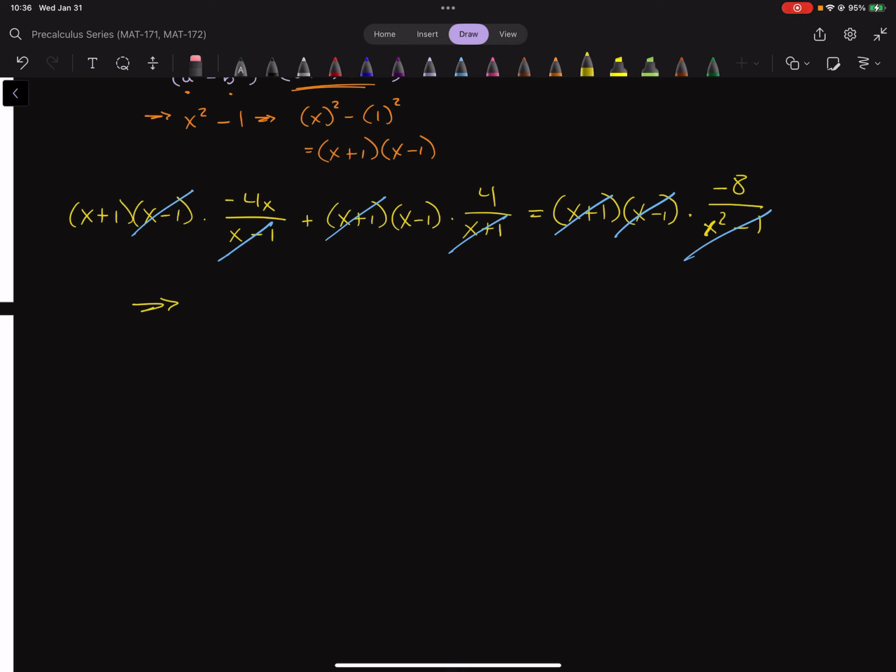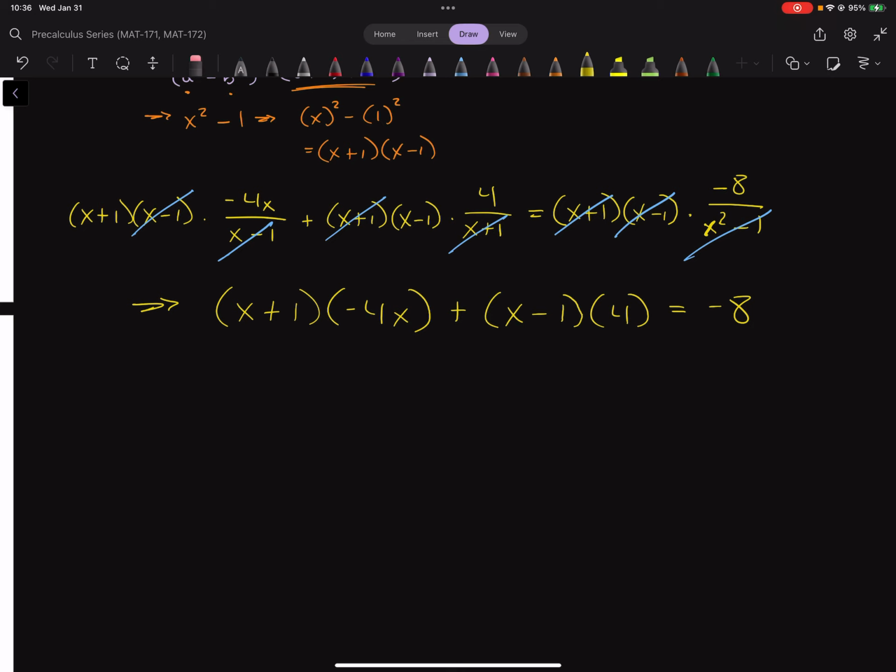I'm going to leave it in the same order, hoping that it will be less confusing when you're seeing it from line to line, and then I'll rearrange it. Oh, forgot my x, didn't I? So then this is going to be plus x minus 1 times 4, equal to just negative 8 on that side.